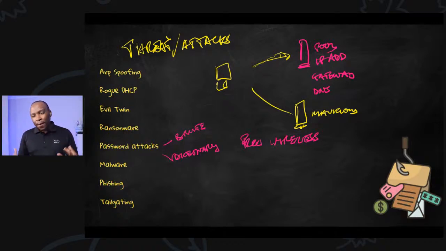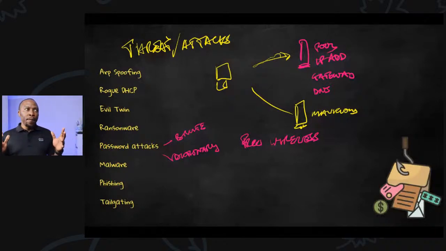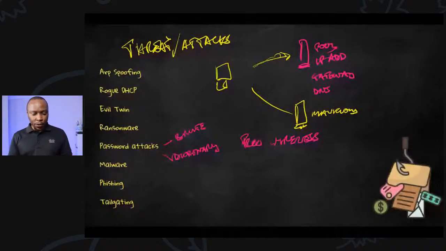You're actually much better having a password that is a phrase, like my favorite YouTube channel is XYZ. That's a password that is more difficult to crack than your name with a capital letter, or the famous one is replacing certain characters with numbers. So if I've got an O in my name, I put a zero instead of an O. All those things will make you susceptible to password attacks when malicious people try to penetrate your network.